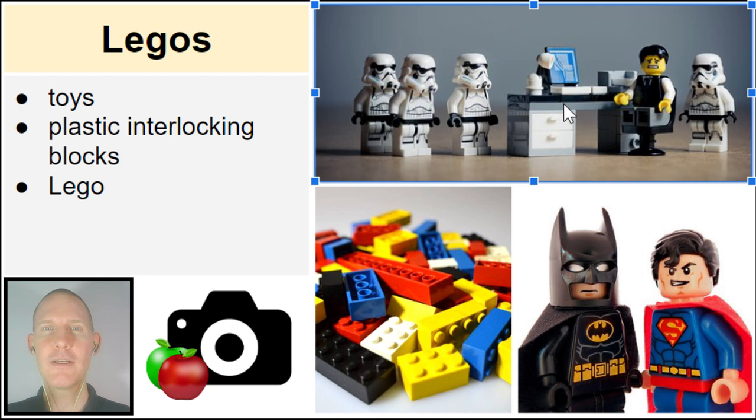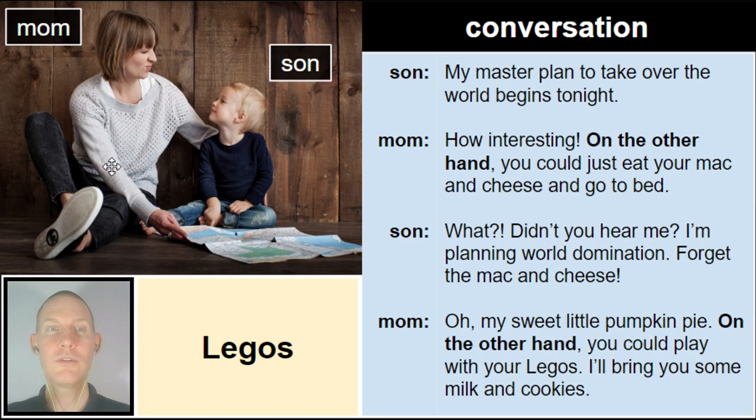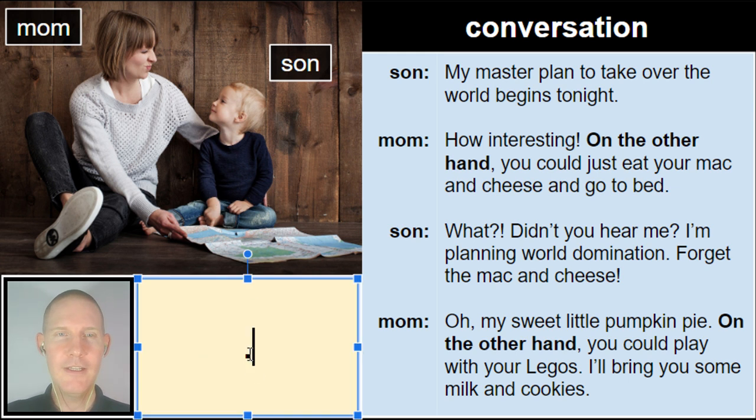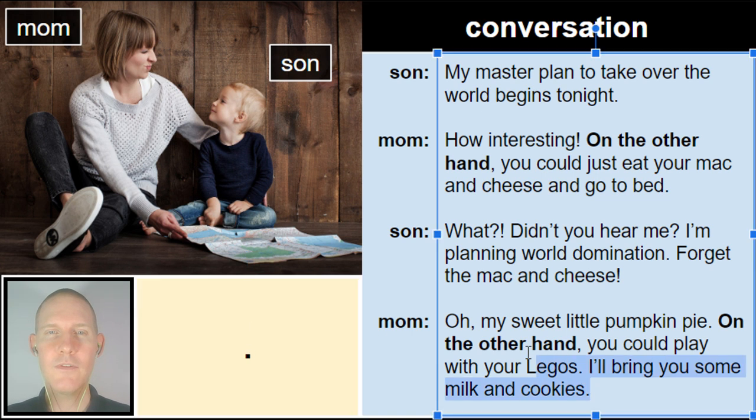He was working on his computer and all of a sudden 1, 2, 3, 4 stormtroopers show up. And when the stormtroopers arrive, something bad is going to happen because they're trying to take over the world. Maybe the son in the conversation, he wants to be a stormtrooper. It's possible.